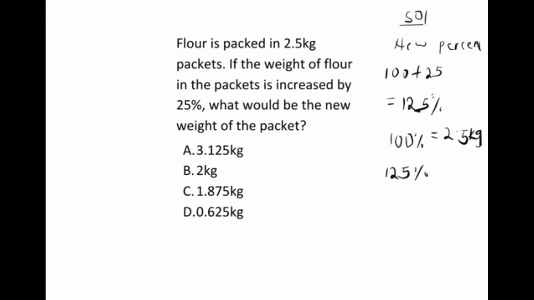Then we will cross multiply. We shall have 125 times 2.5 over 100. Then we multiply 125 times 2.5.